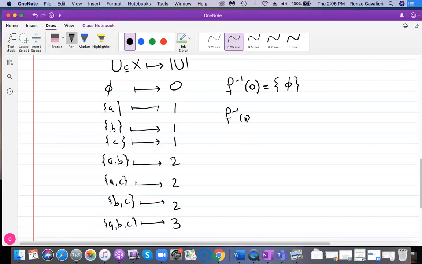f inverse of 1 is the set of subsets consisting of the 3 singletons.